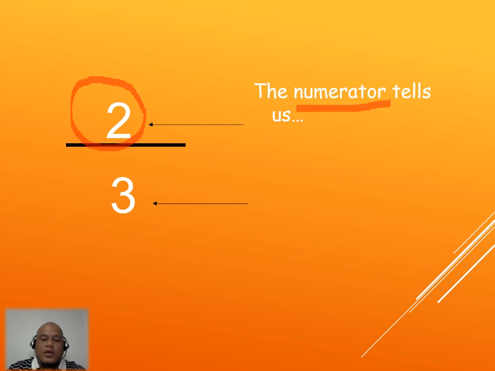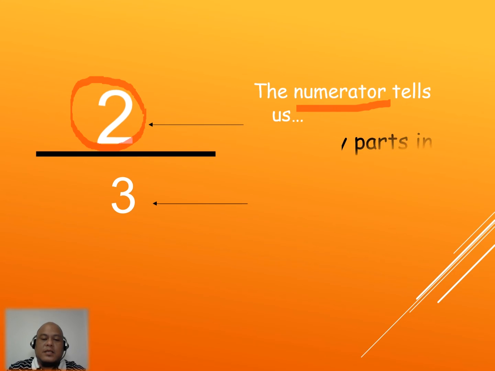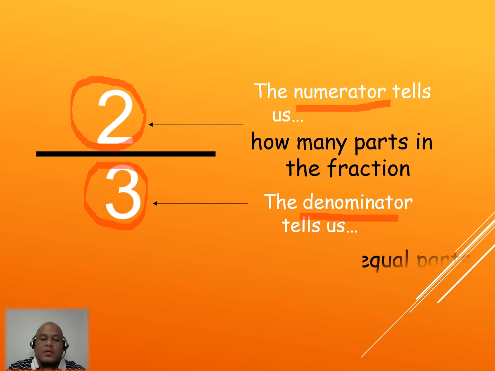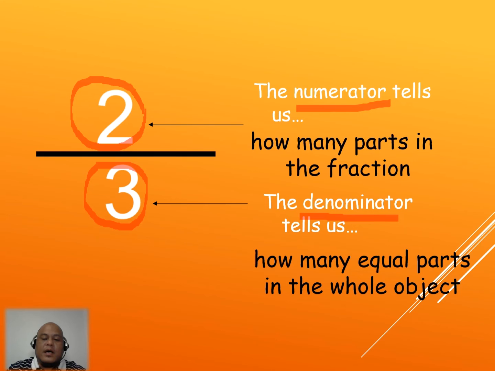The numerator tells us how many parts in the fraction. How about this? What do you call this number? Denominator. The denominator tells us how many equal parts in the whole object.